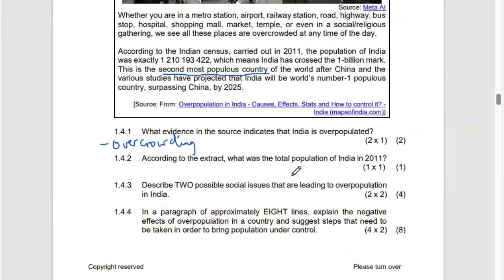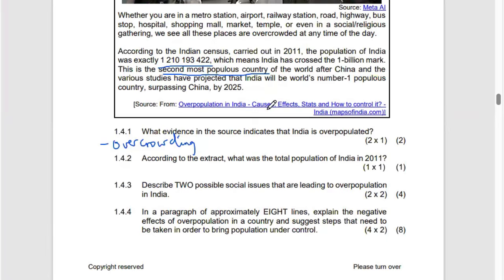Right. According to the extract, what was the total population in India in 2011? That is an extraction question. It was exactly this much: 1,210,193,422. You can see that it has actually crossed the 1 billion mark.